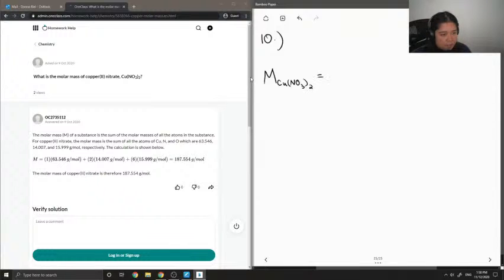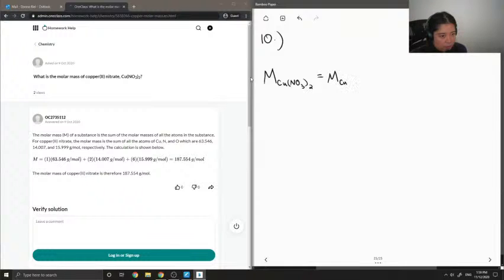let's first find out the different atomic masses of all of the atoms that are involved in copper II nitrate. So there is one copper atom, and if we go to our periodic table, we'll see that copper has an atomic mass of 63.55.